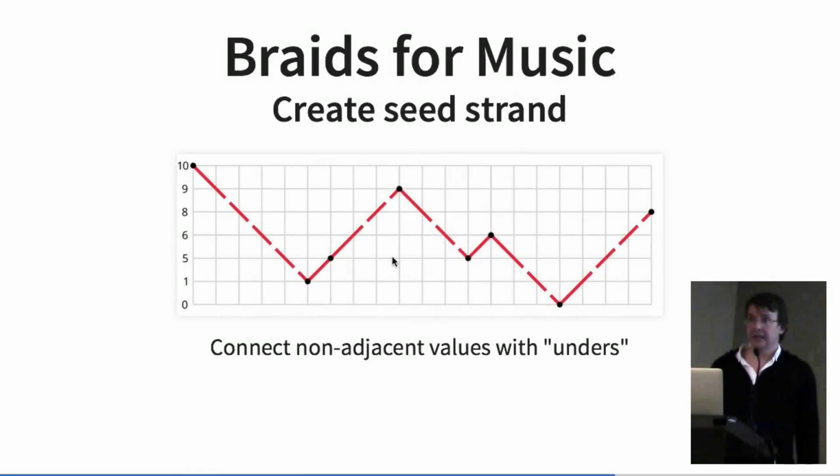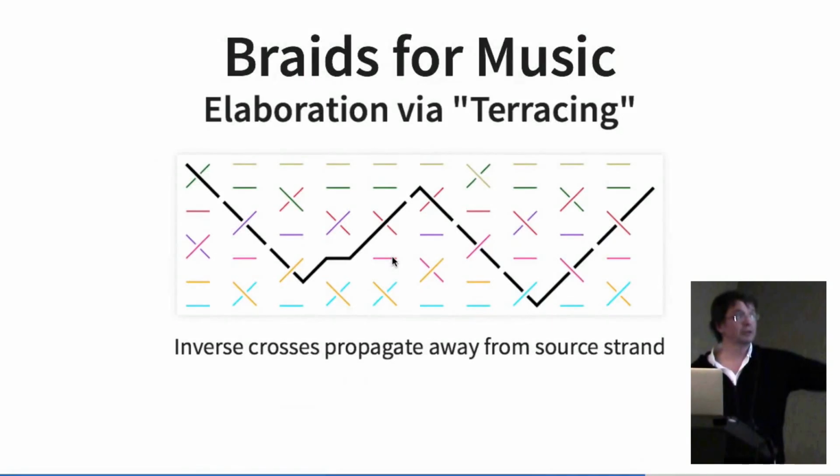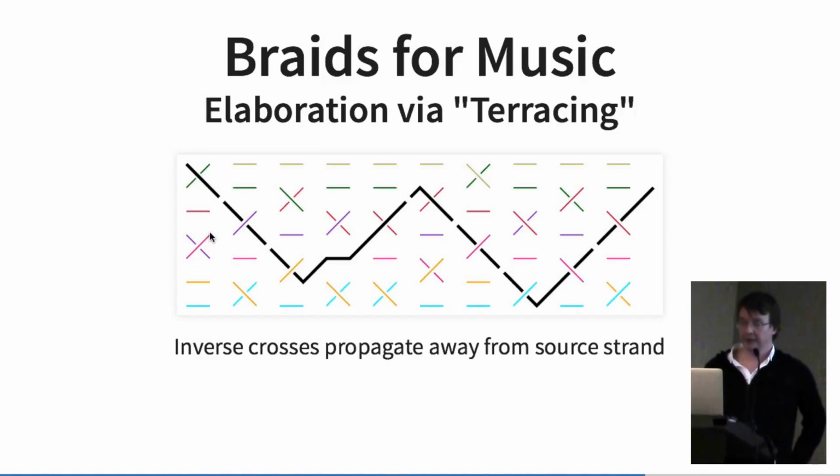But what I wanted to do is actually do counterpoint. So the next thing I do is elaborate a braid through a process I call terracing, which is basically to go through and at every other slot, flip the cross. So if you look up here in the corner, we have an over that flips to an under, and then with a special kind of edge case where you can't have a cross.